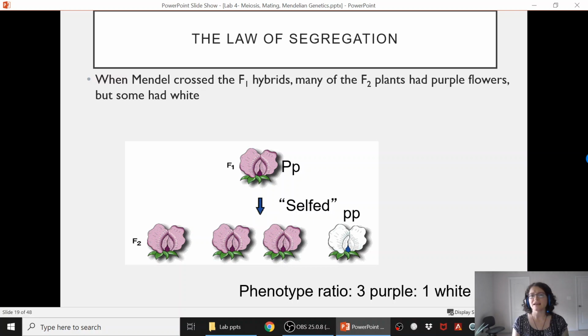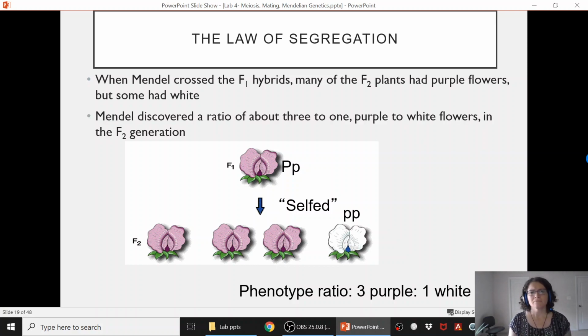When Mendel crossed the F1 hybrid, many of the F2 plants had purple flowers, but some had white. But when he analyzed the data, remember, data analysis is important, he always found the same ratio, 3 to 1. That 3 to 1 ratio makes sense in how this actually works. So I'm going to explain these letters in a minute.